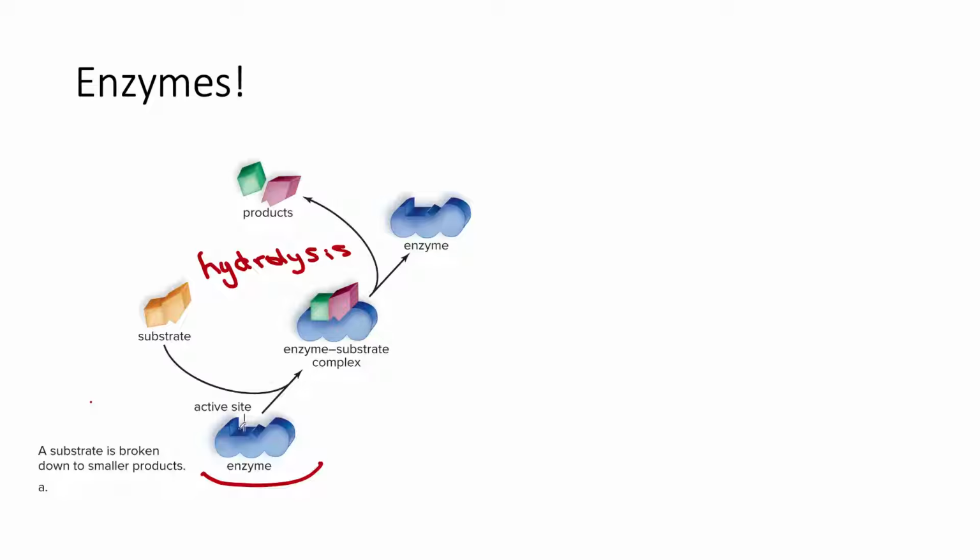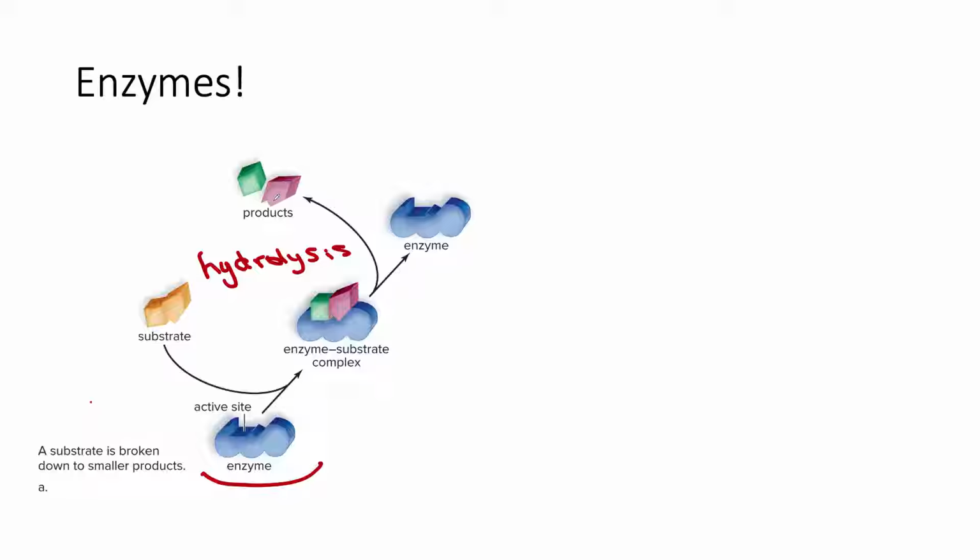So the enzyme has something called an active site, and this active site is specific for the substrate, the thing that it's going to act on. The substrate fits into the active site, and the enzyme holds it there until the bonds can be broken, and then it's going to release the products.